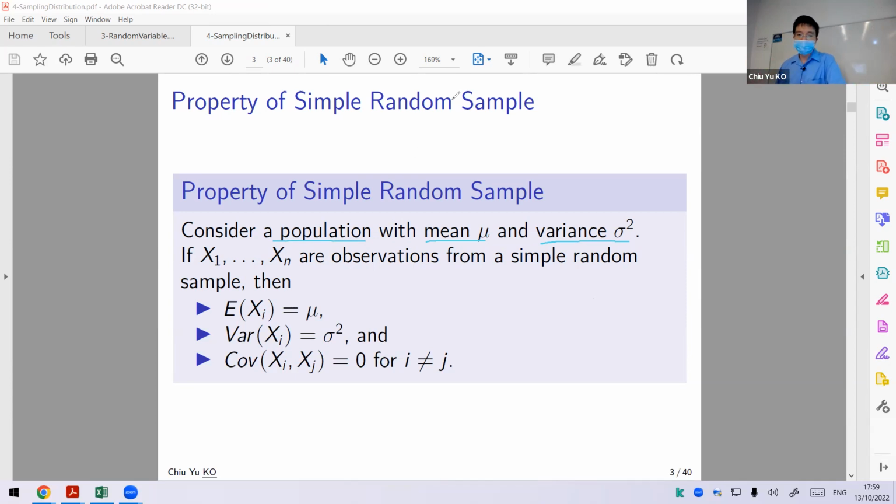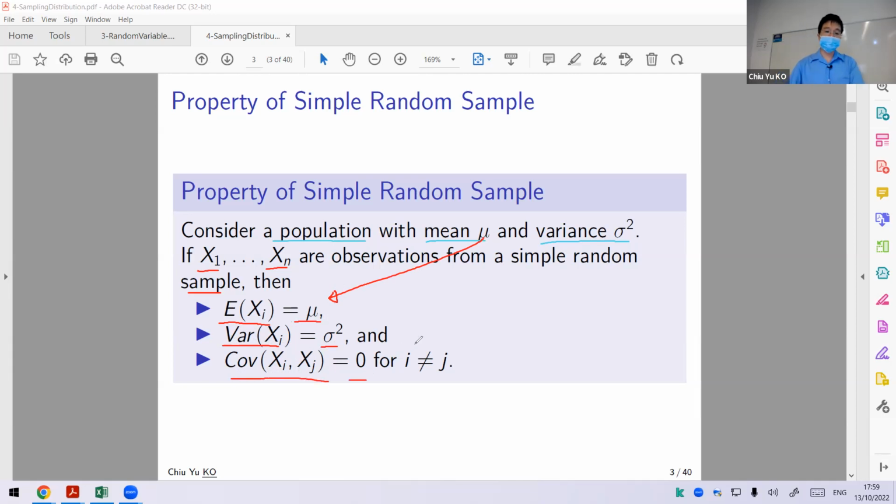And if we define x1 up to xn as observations from a simple random sample, it means that each observation has the same mean mu, and variance sigma square. Covariance between any two is 0, okay?